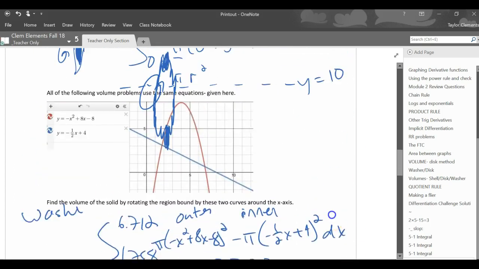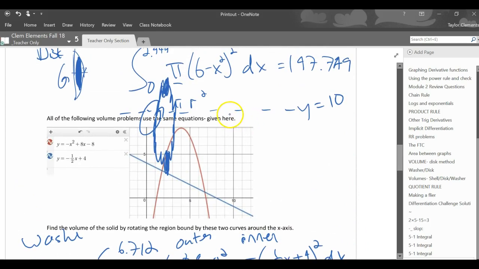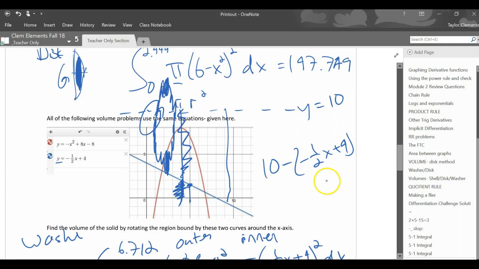Let's look at the outer. Well, the outer is from 10, and then you take away this blue one. Each time it's the full 10, take away this blue distance right here. So 10 minus the blue one, because it's the y value of that blue one, and that gives you this distance that you want. That's the outer.